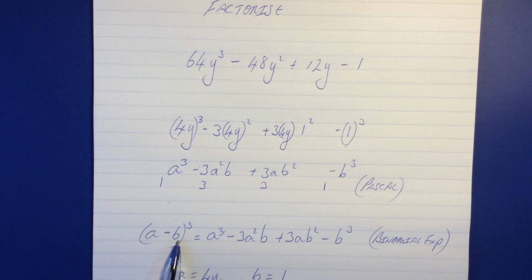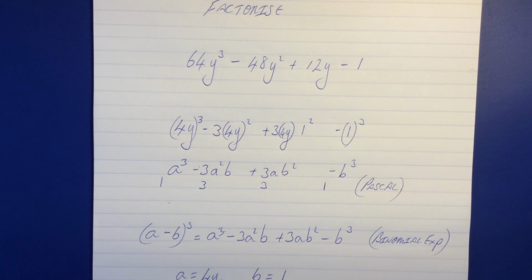Well, it's not really the difference, it's the difference between a and b cubed, we'll put it that way, but it's a binomial expansion of this: a cubed minus 3a squared b plus 3ab squared minus b cubed. It's worth noting this, it's worth having notes on this.